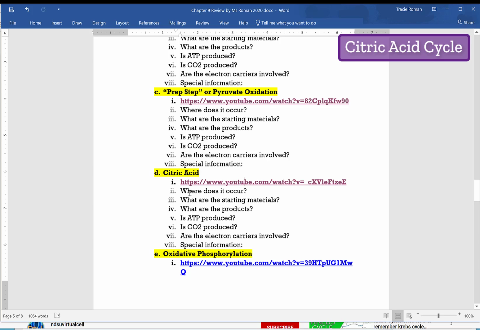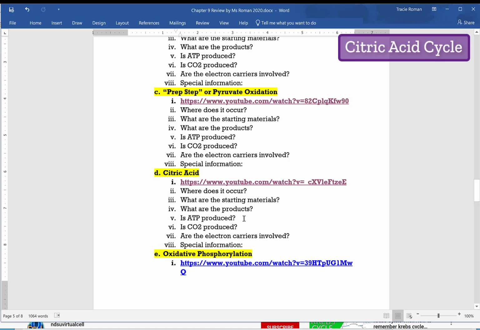All right, citric acid cycle, where does it occur? In the matrix of the mitochondria, and the matrix is the cytoplasm inside of the mitochondria. The starting material was acetyl-CoA. The products are carbon dioxide, NADH, FADH2, and ATP.